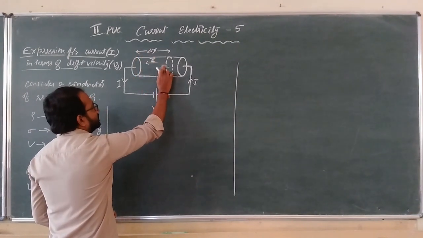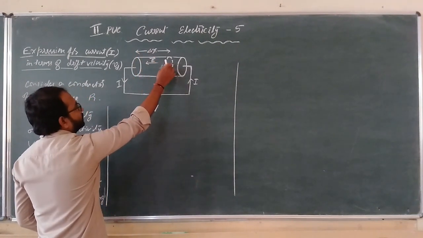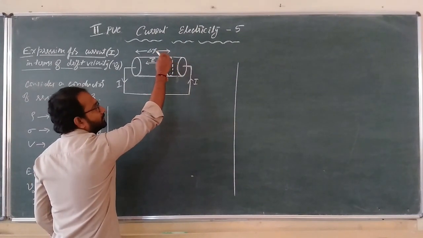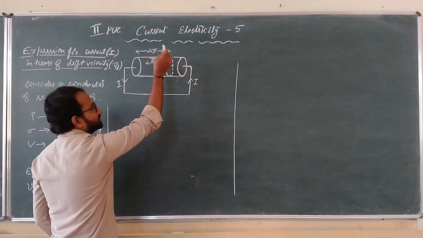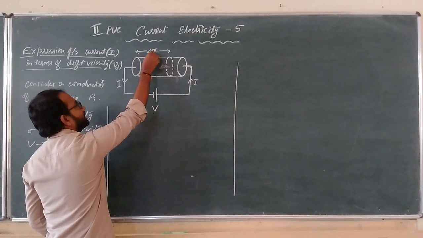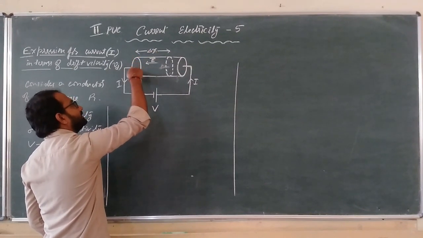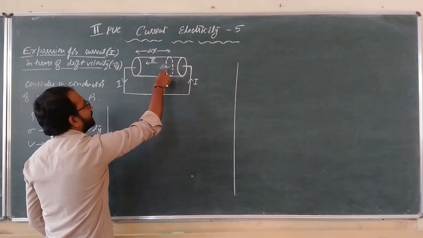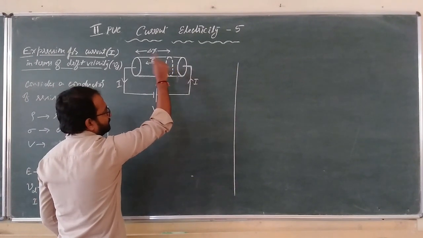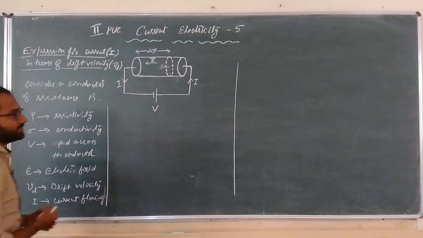Now all the electrons to the left of this cross sectional area, up to the distance delta x, that is, to the other end of the conductor, are crossing this particular area in a time interval of delta t seconds.